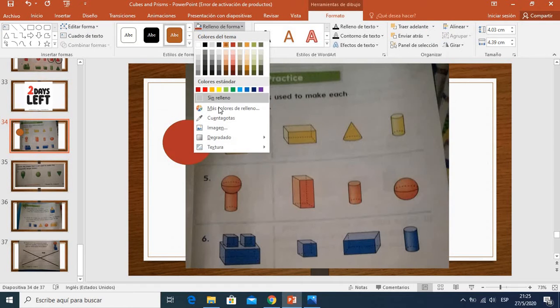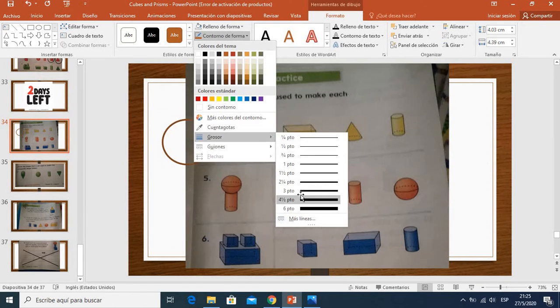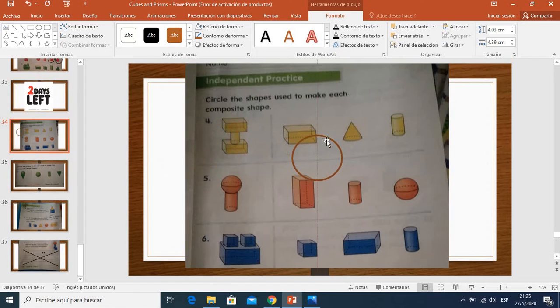So what I need to do is to circle the shapes that help me make this composite shape. What shapes do I need? Rectangular prism, cone, and cylinder. Which shapes do you need to make this composite shape? A rectangular prism, very good. And what other shape? A cone?